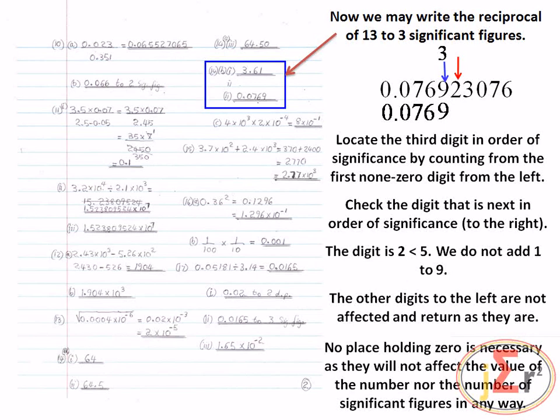But in this particular case, it is not necessary to have trailing zeros, because we are talking about decimal fractions, and we know that after the decimal point, trailing zeros do not affect the value of the number in any way.